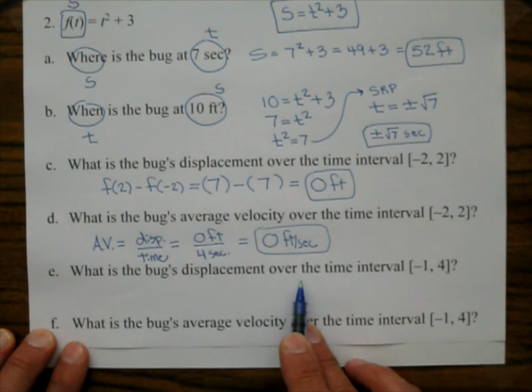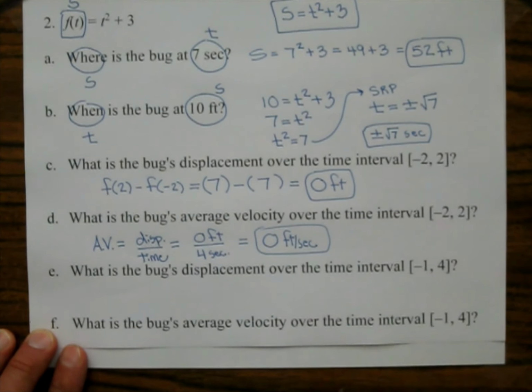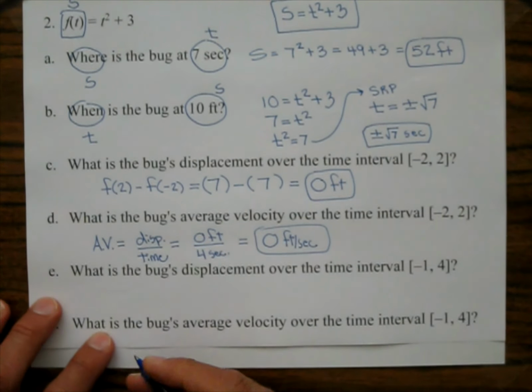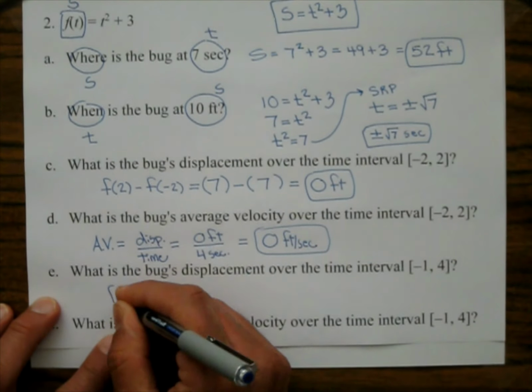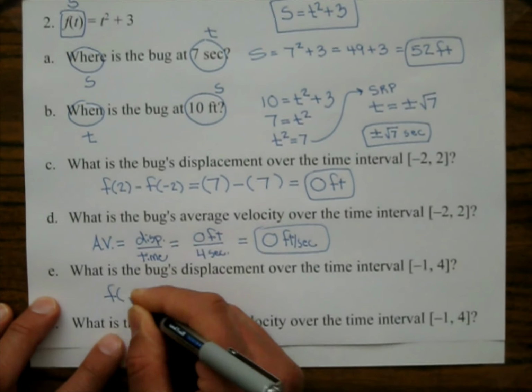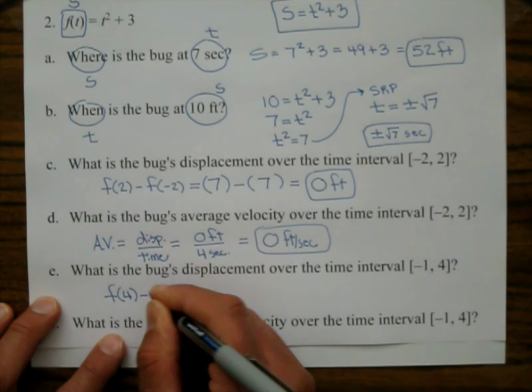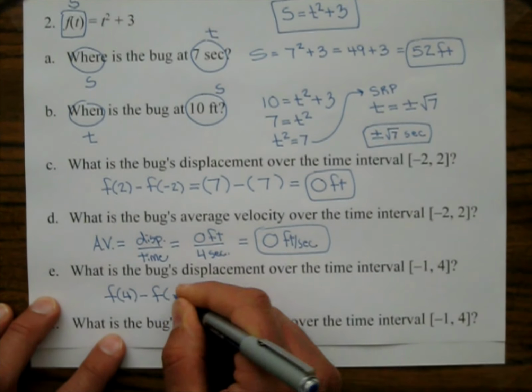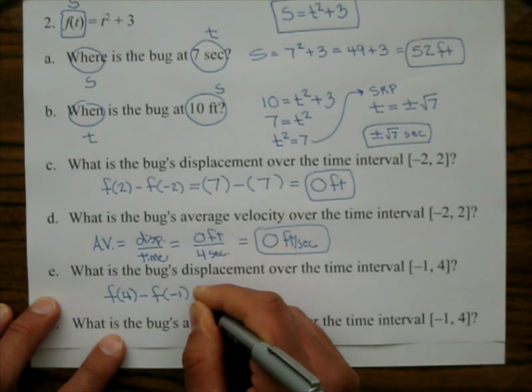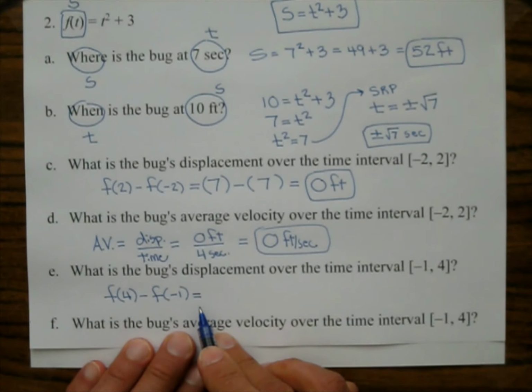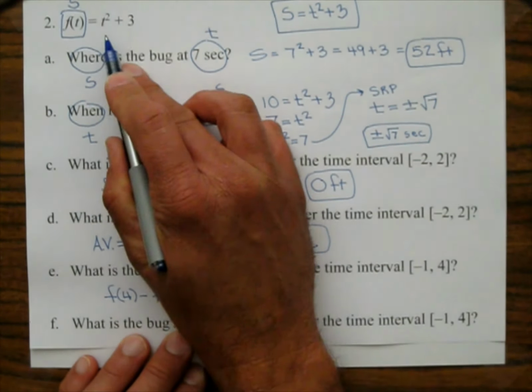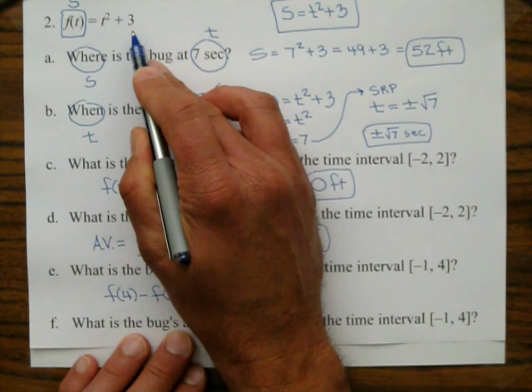What is the bug's displacement over the time interval -1 to 4? Well, it's just like problem C. We're going to go f of end time minus f of beginning time. And this is just a calculation here. F of 4 is 16 plus 3, 17, 18, 19.